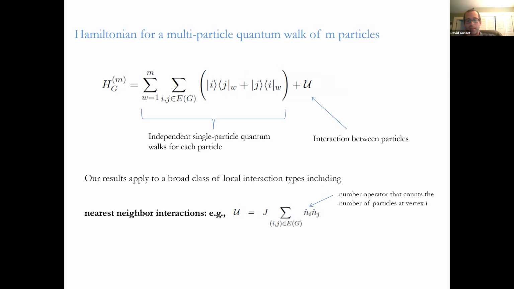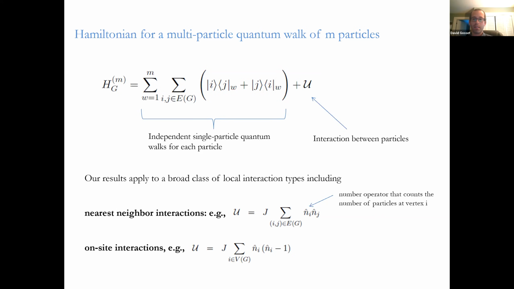So some kind of energy penalty when the particles are close to one another, like next to one another in the graph. Or you could consider, for example, a penalty if two particles are at the same place, if they're bosons. But you're going to see later in the talk, and there's an intuitive reason why, that our results work for almost any interaction type that you choose, as long as it is local with respect to the graph.